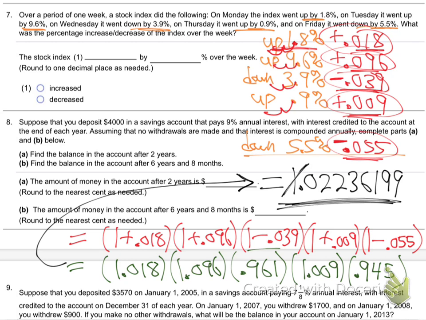Well, cut off that 1 in the front. Remember, that 1 was just what we were putting in every time. Don't worry about that 1. It's not really part of the final answer. What is then? It's the decimal that comes afterwards. So it's 0.02236199.